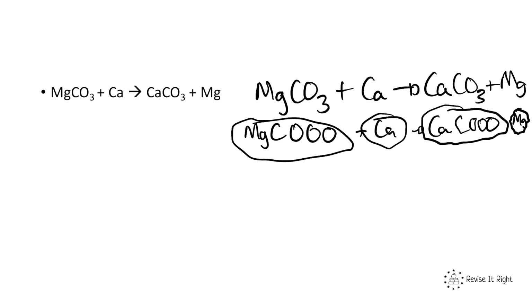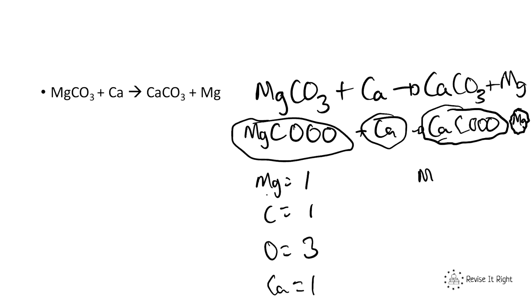So that gives 1 magnesium on that side. That gives 1 carbon on that side. Again, don't get confused with the Ca and the C. It gives 3 oxygen on that side, and it gives 1 calcium on that side. Now this side, now we've got 1 calcium. We'll do it in order actually. Make sure you always do it in order, so the same order that you've done on the left.